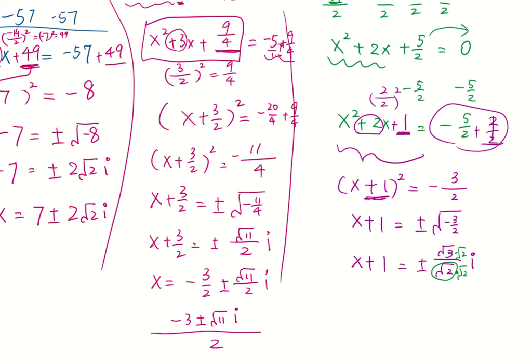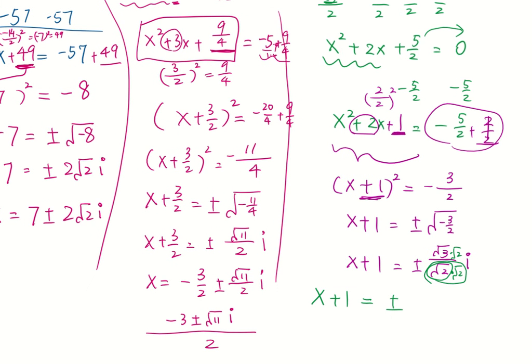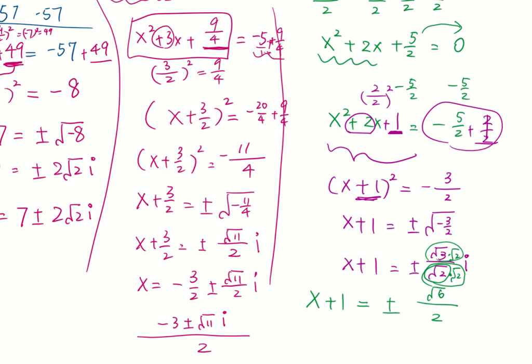How would that help me? Well, let's see. I have x plus 1 equals plus or minus, here at the bottom, square root of 2 times square root of 2 is 2. On top, square root of 3 times square root of 2 is square root of 6, i.